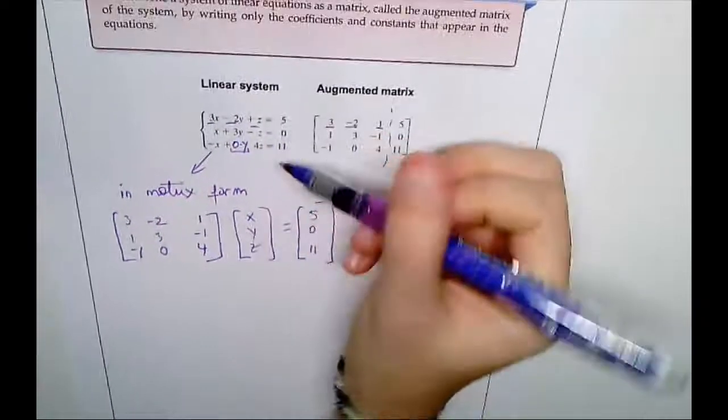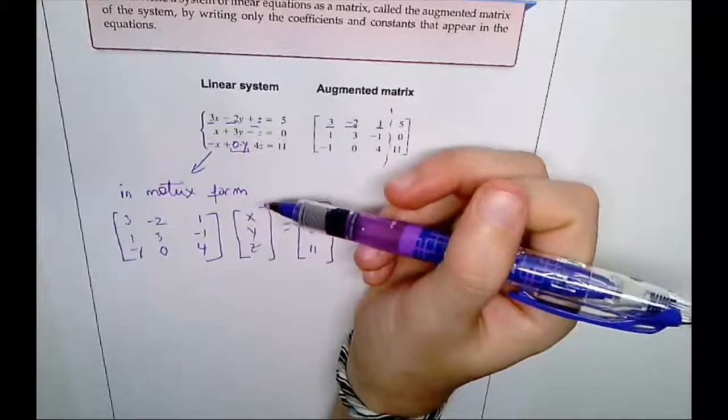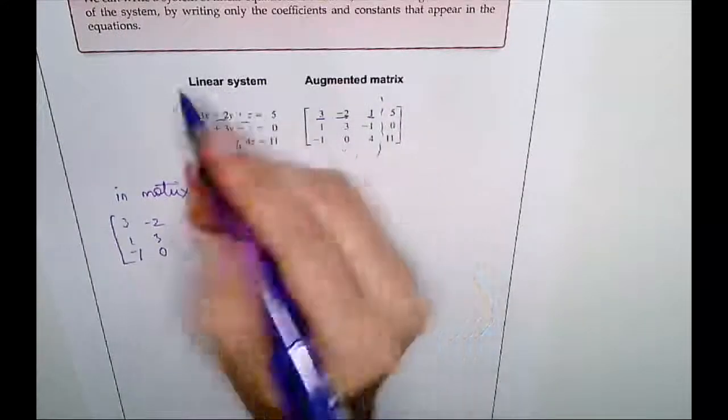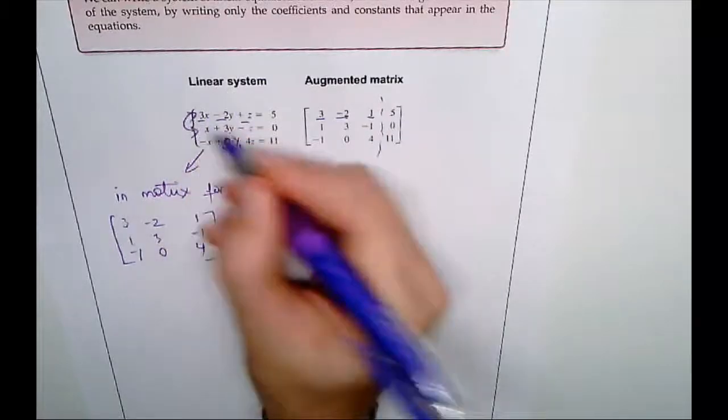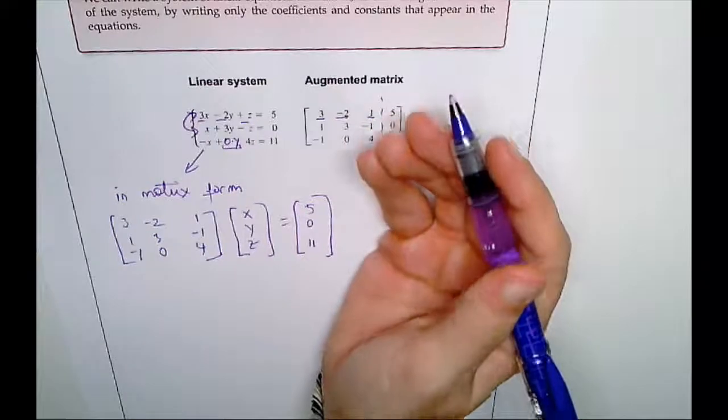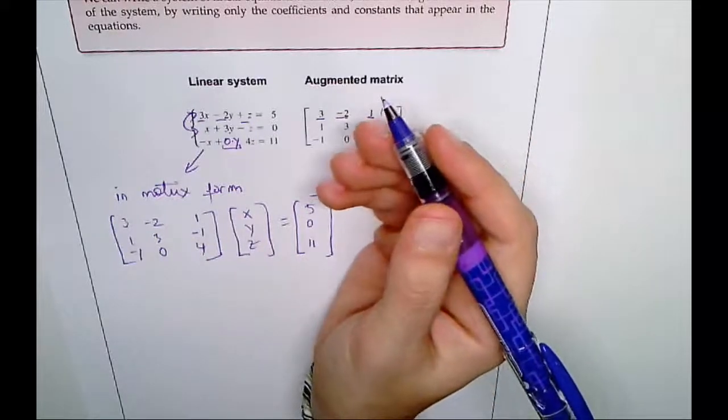So notice that previously, if I have a system and I interchange the first equation with the second equation, I'm not changing the system. I'm just writing it in a different way.